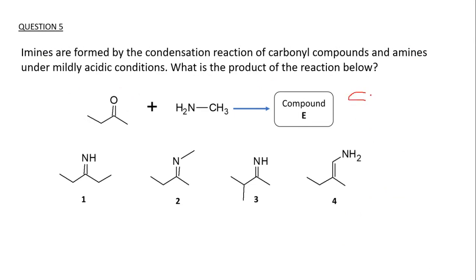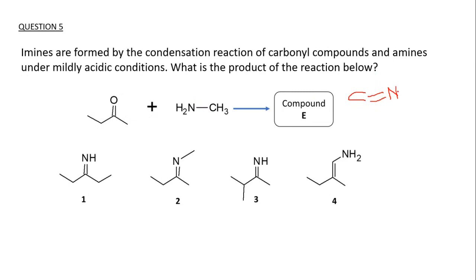An imine has a C double bond N, right? And so it tells you that an imine is formed. And so in any of your options, you should have a C double bond N. And the nitrogen that reacts with our carbonyl compound also has a CH3 attached to it.